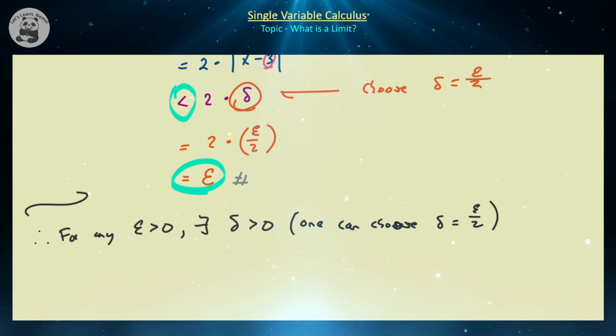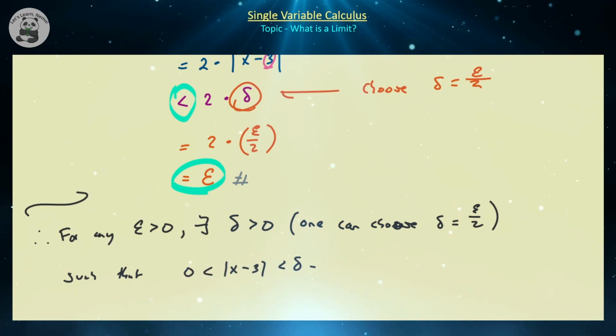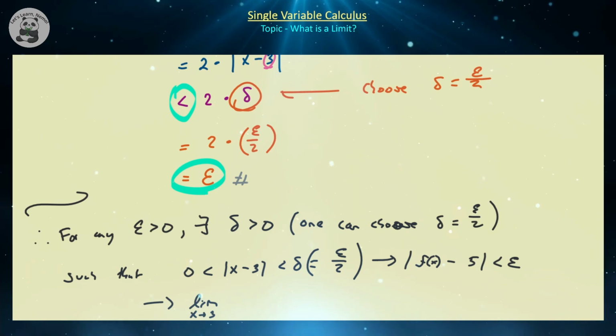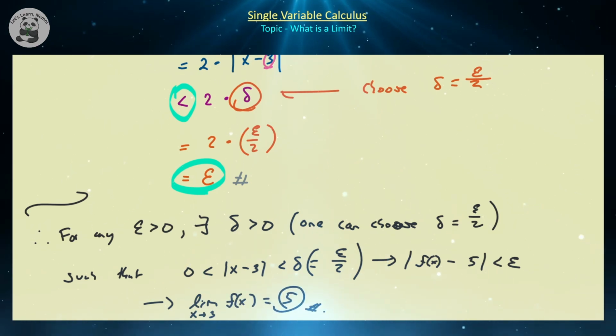So it's always going to work for this function, such that as long as the distance between x and 3 is less than delta, which is chosen to be epsilon over 2, then we're always going to have that f of x minus this number 5 will be less than epsilon. Therefore, we conclude that the limit as x approaches 3 of the function is equal to 5.